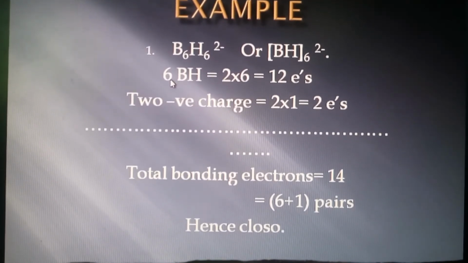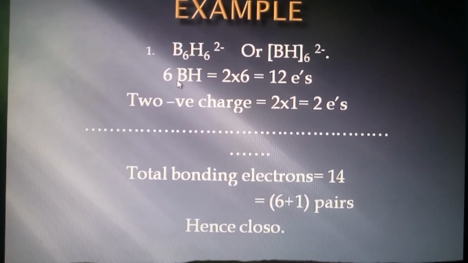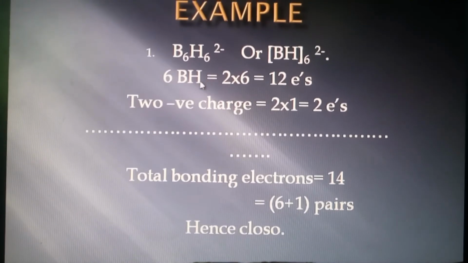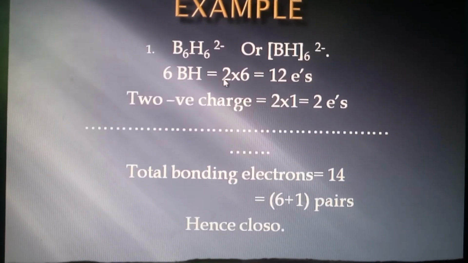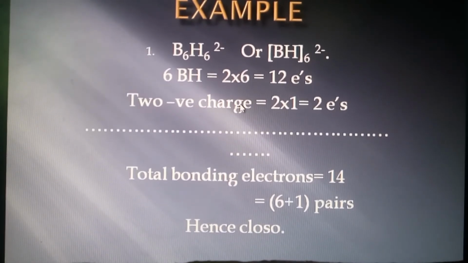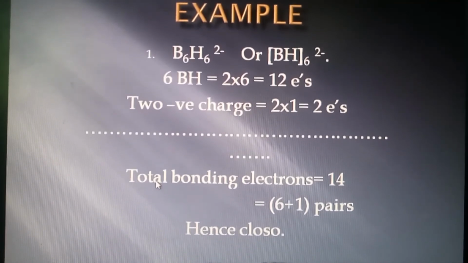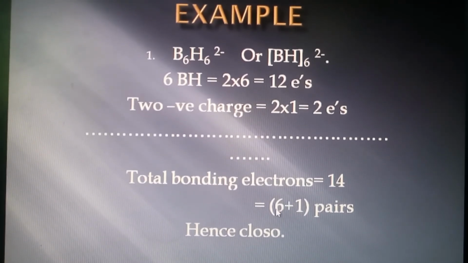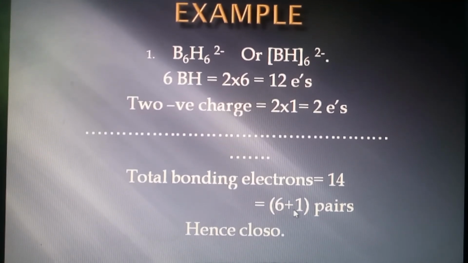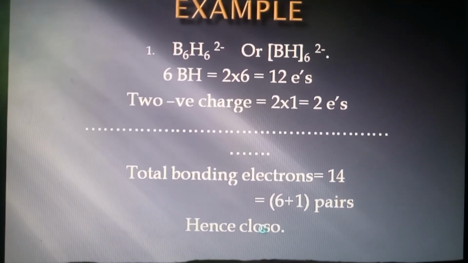Now, using Wade's rule, 6 BH units contribute 2 into 6 equal 12 electrons, and 2 negative charges contribute 2 into 1 equal 2 electrons. That is, total number of electrons equal to 14, and we may represent this 14 electrons as 6 plus 1 pairs, that is 7 pairs. Here it gives n plus 1 form where n equals 6, hence the structure will be closo.